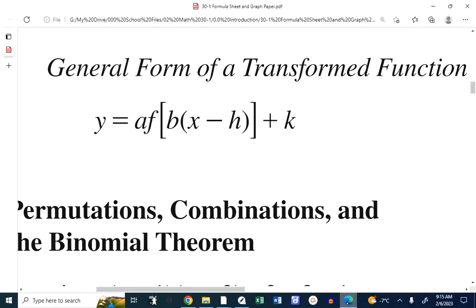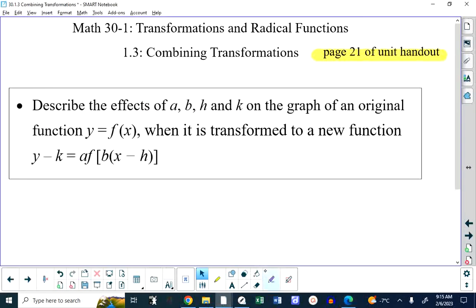I said that essentially if there's no h and there's no k, this formula becomes what we talked about on Friday, y equals a f of bx. The first thing I want you to note is that this formula, y equals a f of b bracket x minus h bracket plus k, is the same as what's in your handout here at the top of the page, right? It's just that this is y minus k.